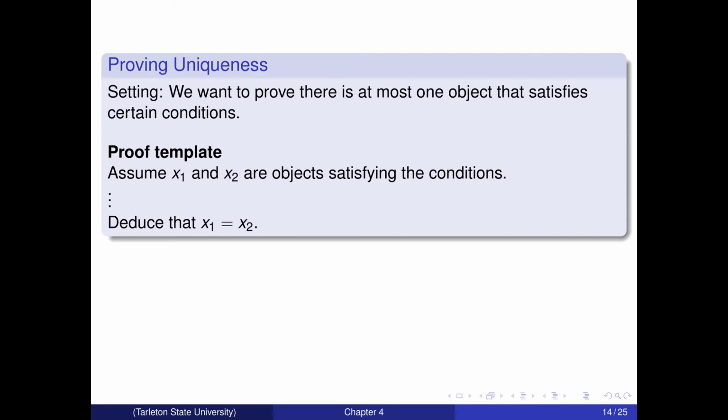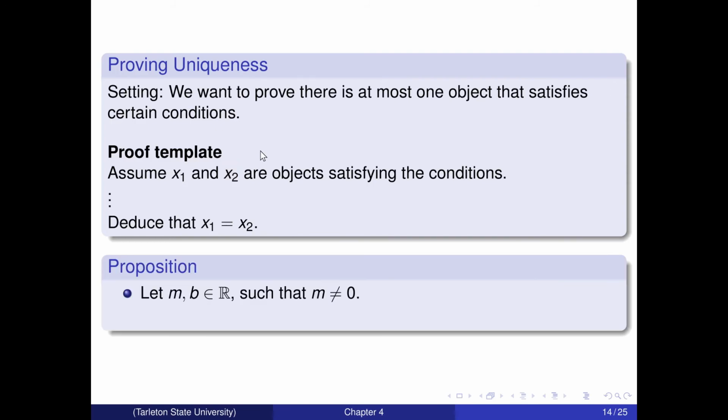So in order to prove uniqueness, you assume that x1 and x2 are both objects satisfying the conditions. And then if that logically implies that x1 is equal to x2, then that means there's only one, right? Because if there were 2 different ones, this logical consequence would not actually hold. So that's the method we're going to use to prove uniqueness.